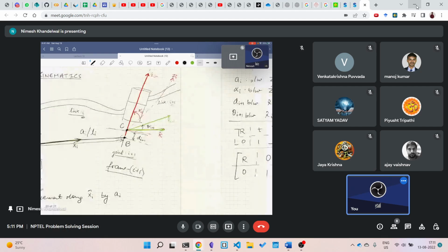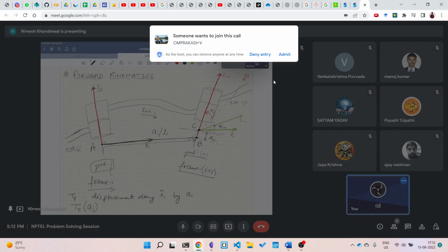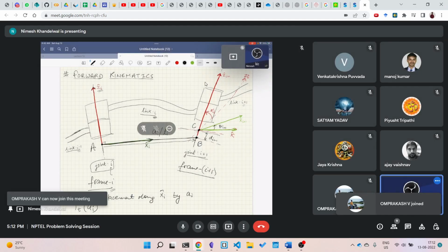So the first transformation that I'm doing is a translation, and the distance is ai. Then at the new position, along the same xi, I rotate everything by alpha i, because I need to rotate about xi to get from zi to zi+1.